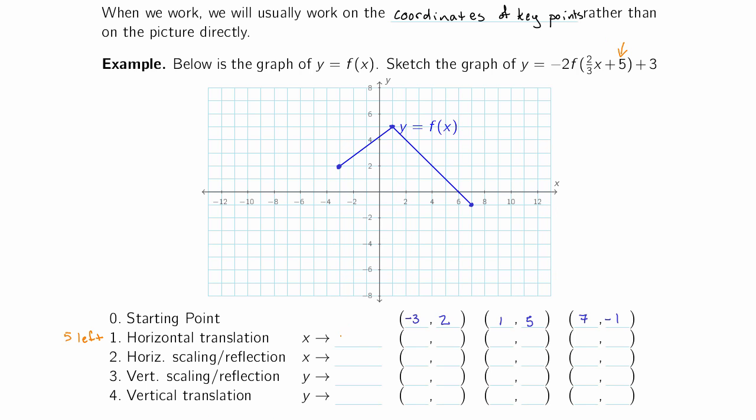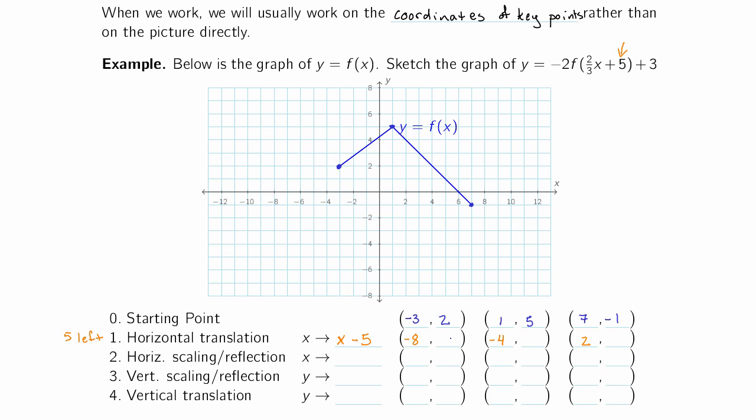So we're going to take each x-coordinate and subtract 5 from it, the opposite of what we see in the function. So -3 minus 5 is -8. 1 minus 5 is -4. 7 minus 5 is positive 2.